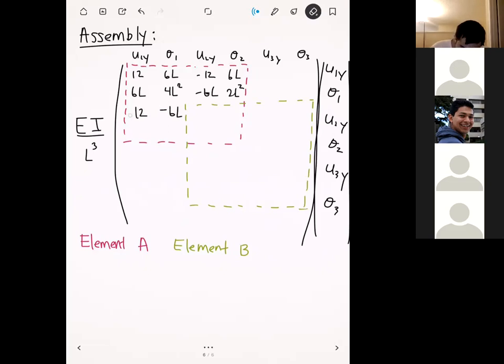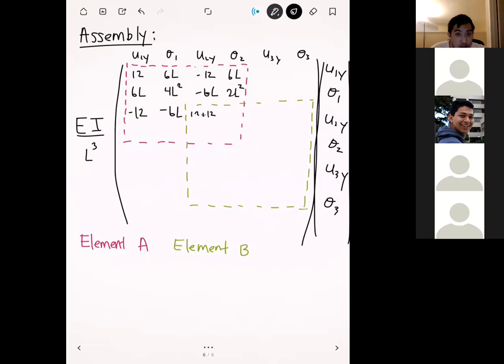And so starting here, we have an overlap. Remember, whenever we have an overlap, we add those together. So we're just adding the corners to each other. In this overlap here, we have 12 that comes from element A, and we also have a 12 that comes from element B, so we're going to have 12 plus 12.